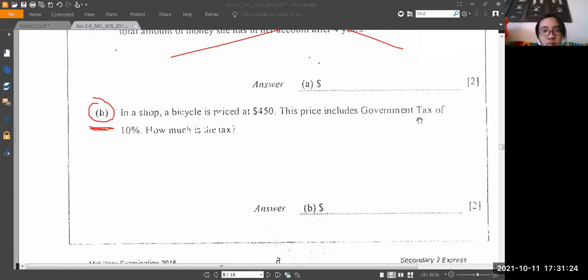你在等什么？ And is the 450 the final price or original price? Final. Who says the final? I think this price includes. Very good. But are you supposed to minus or plus the 10%?